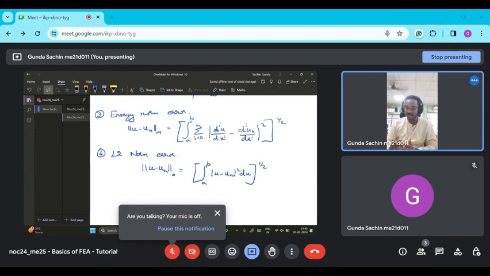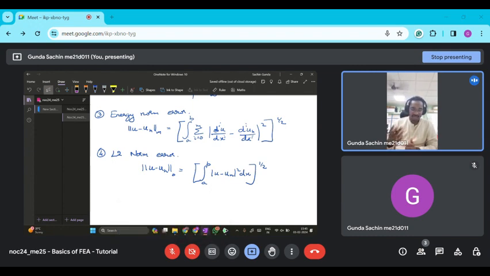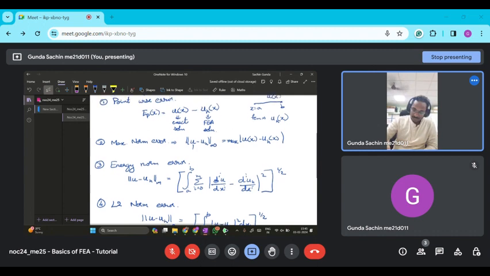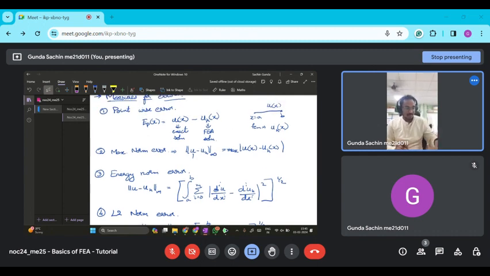We integrate the distances between them. Energy is the difference between the energies. L2 is the difference between the displacements. So these are the measures of error.